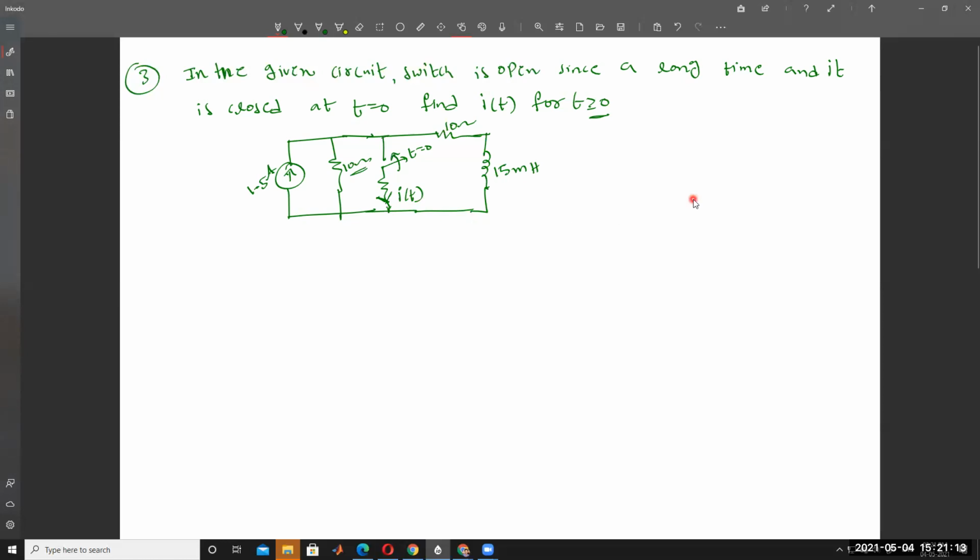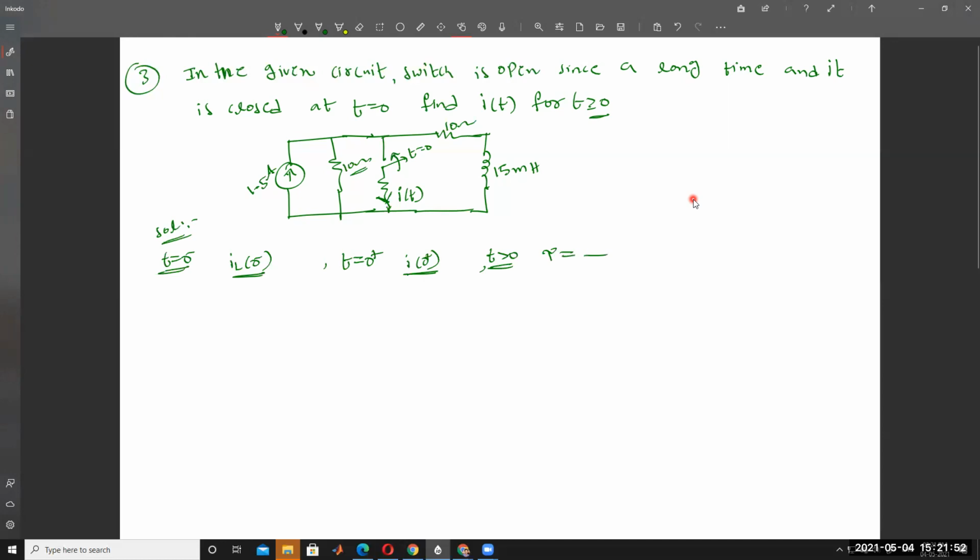So for this question, at t equals 0 minus, find IL of 0 minus. Similarly, at t equals 0 plus, find IL of 0 plus, which means I of 0 plus. And for t greater than or equal to 0, find the time constant.